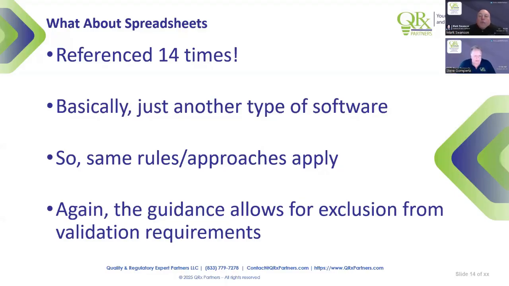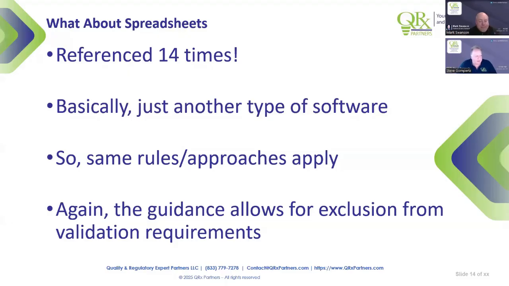Yeah. And this last bullet is kind of what I talked to at the beginning, where everybody overreacts because I have to validate every spreadsheet every engineer's put on their desktop. And no, no, no. Again, you can allow for some exclusions. Usually when I implement it, I just create some sort of really quick, here, answer these three questions. And if you can answer no to all of them, then your spreadsheet is not in scope.